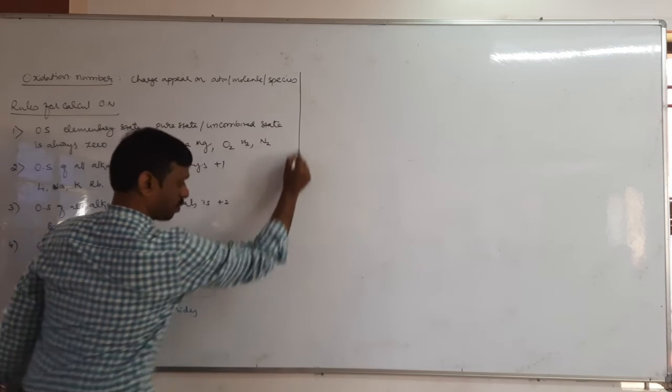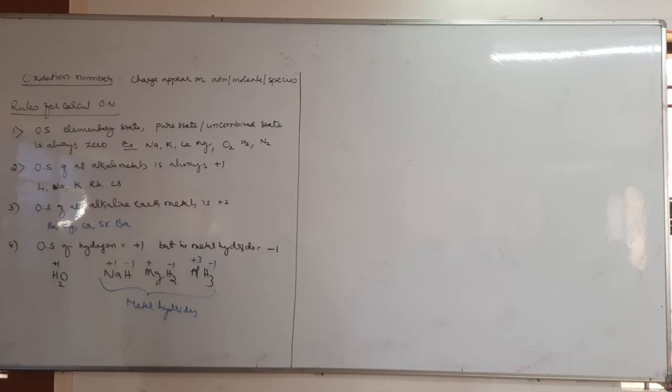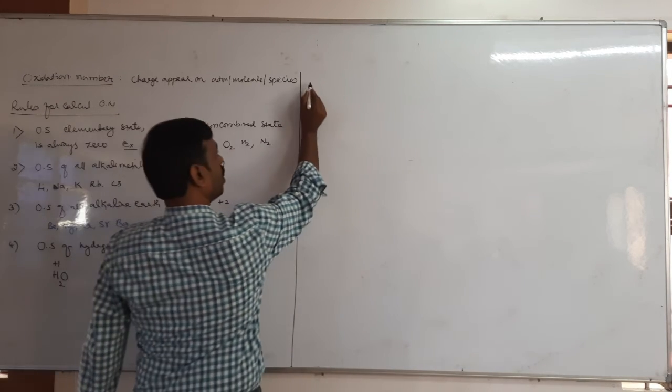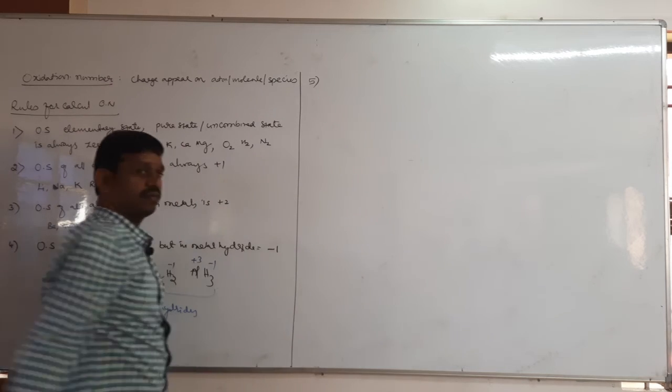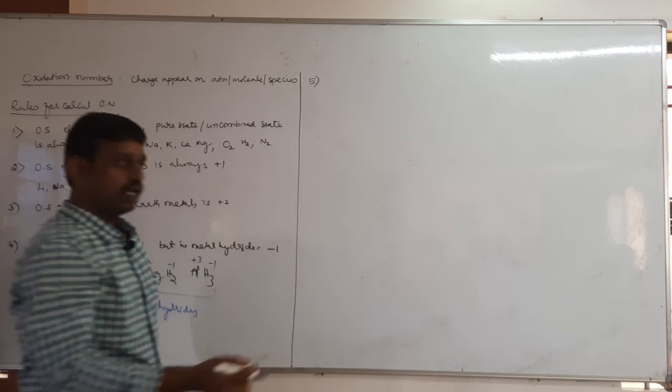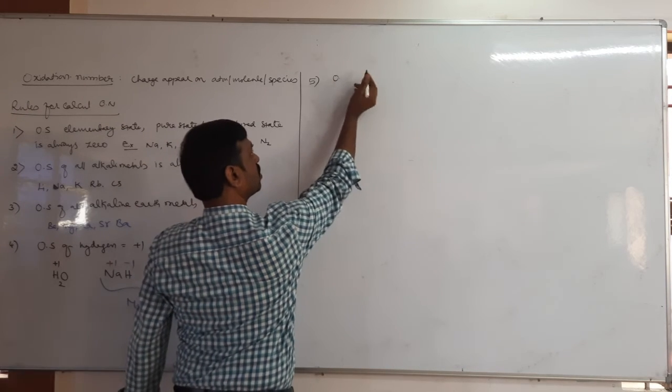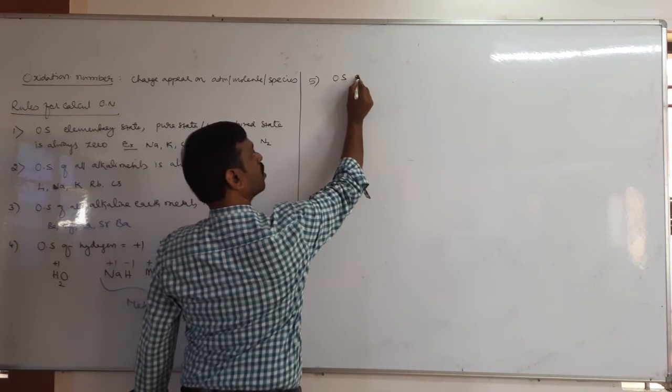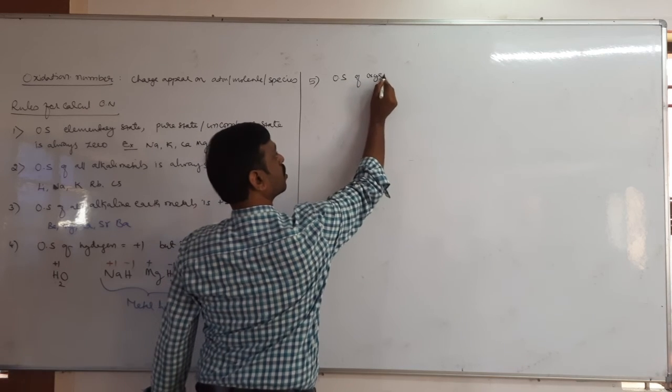Next, 5th rule, about oxygen. Tell me, what is the oxidation state of oxygen? The oxidation state of oxygen is generally -2.